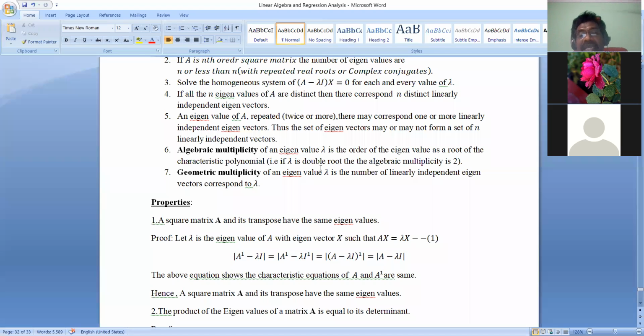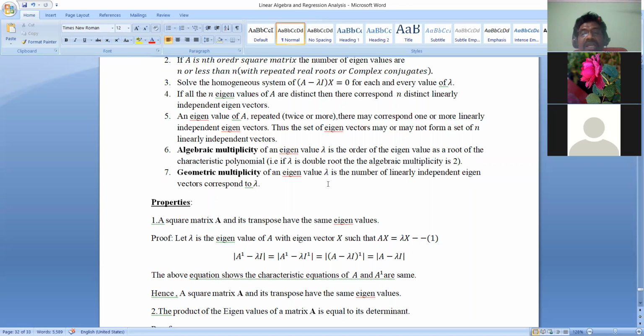If lambda is an eigenvalue of the given characteristic equation or given matrix capital A, the number of linearly independent eigenvectors corresponding to this lambda is equal to the geometric multiplicity.